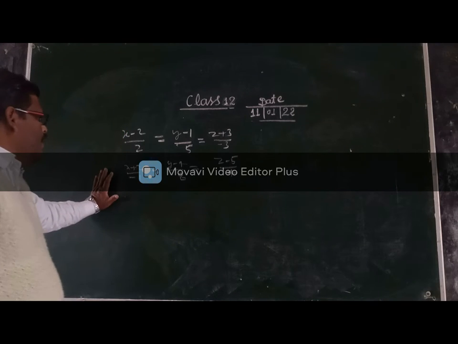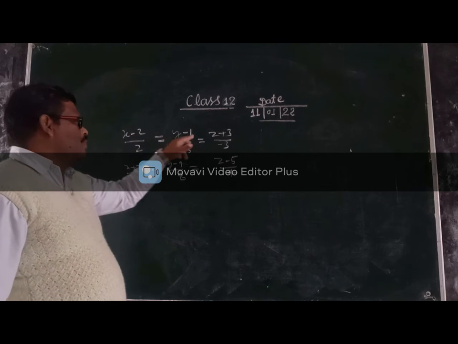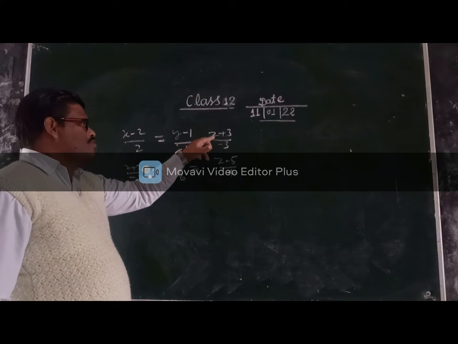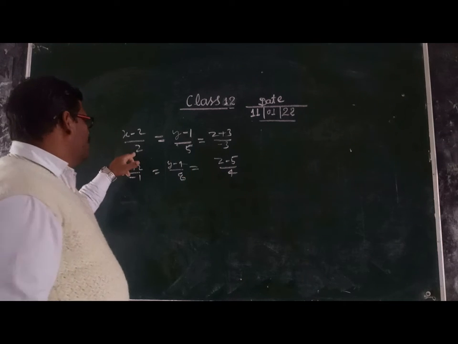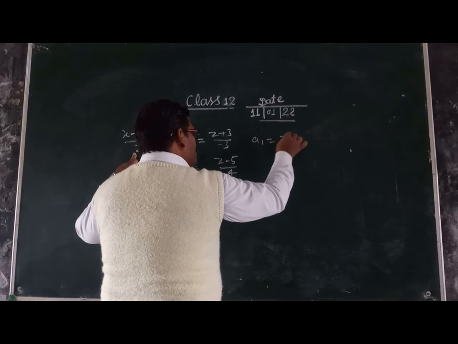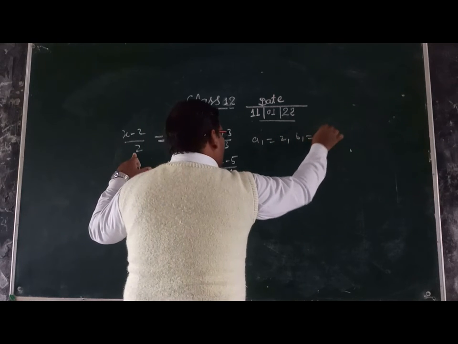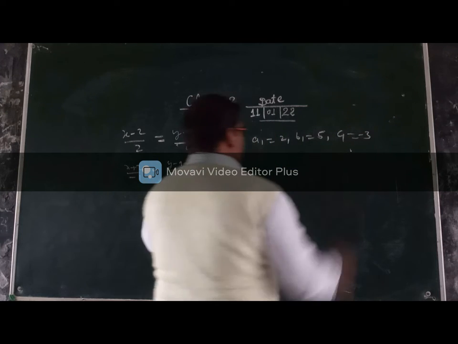Comparing with (x minus x1) by a1 is equal to (y minus y1) by b1 is equal to (z minus z1) by c1, therefore a1 is equal to 2, b1 is equal to 5, and c1 is equal to minus 3.